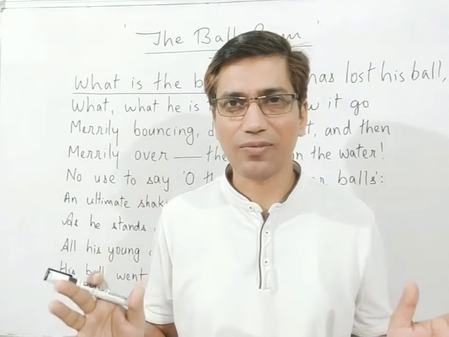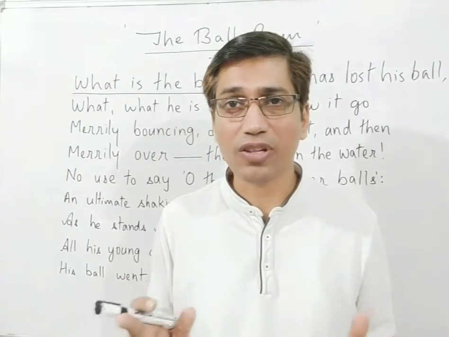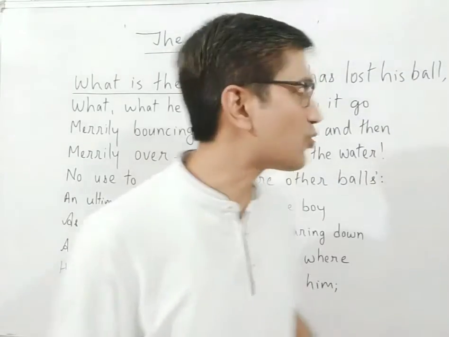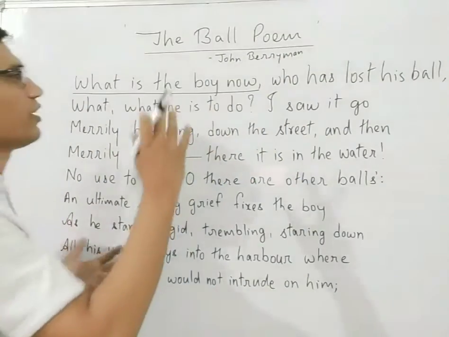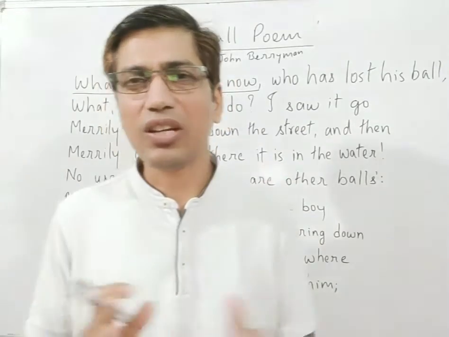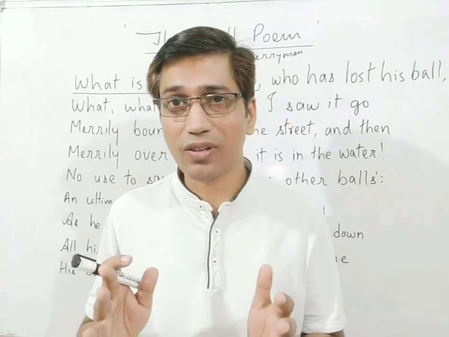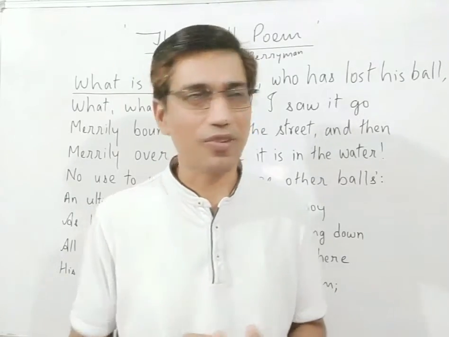What is there in life left after losing the ball? The ball held such an important place in his life. That's why he says, what's the boy now? It means the boy has lost the sense or the meaning of life, losing the ball. The ball was so important for him.